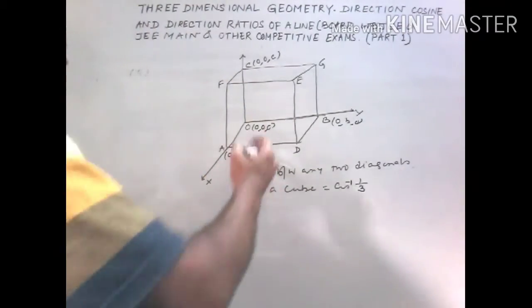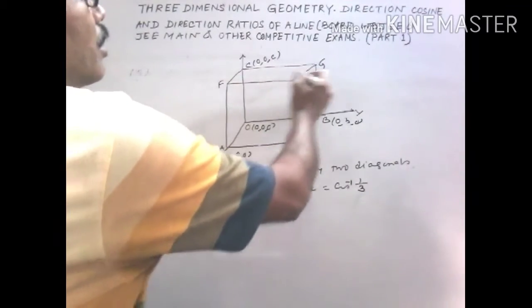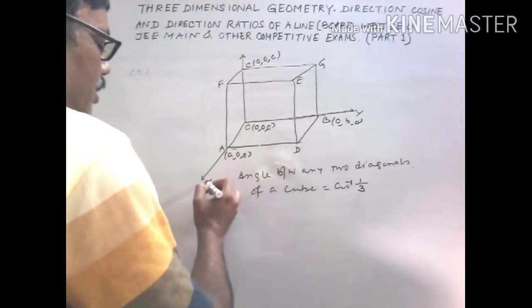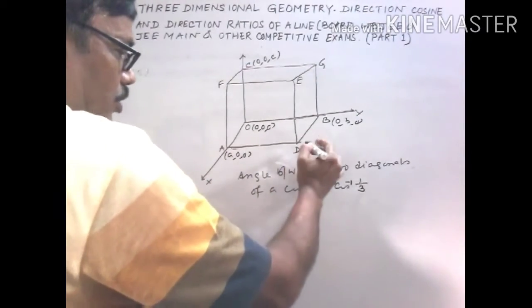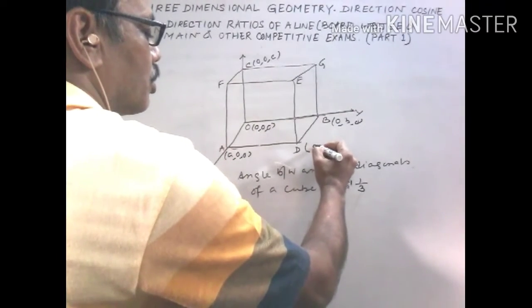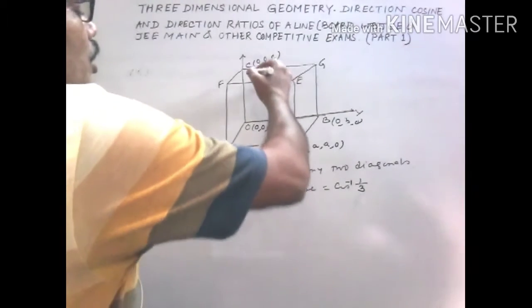So look, D lies in the xy plane, so in the xy plane z equals 0, so this is a, a, 0.